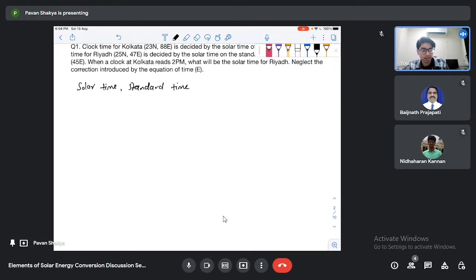Also, I discussed the atmospheric attenuation, where we saw how the radiation is affected by the atmosphere.